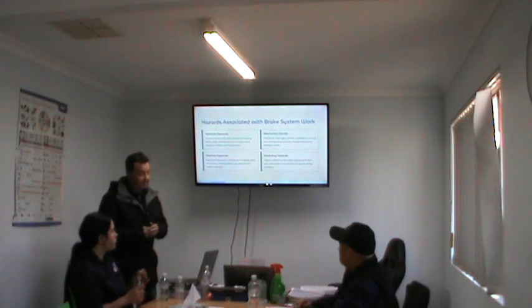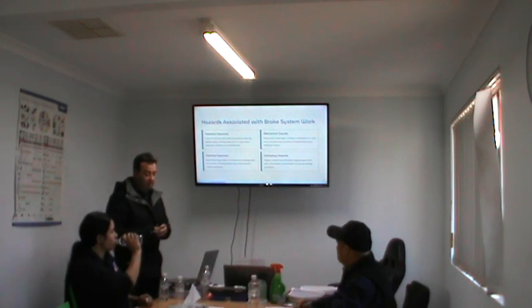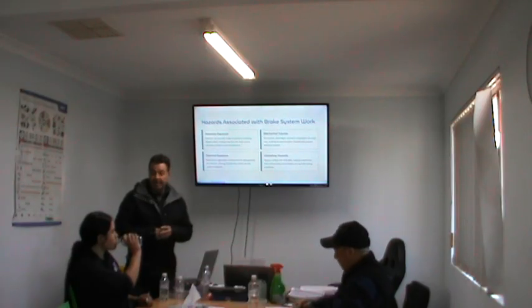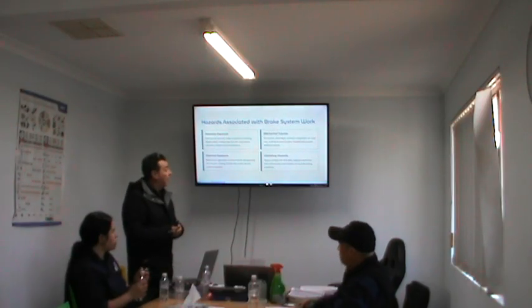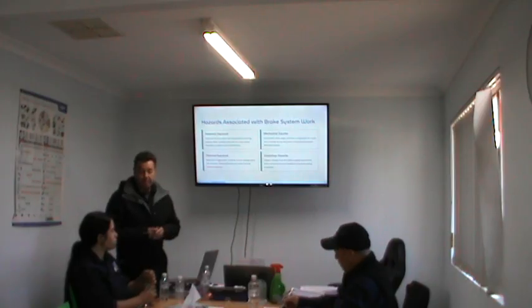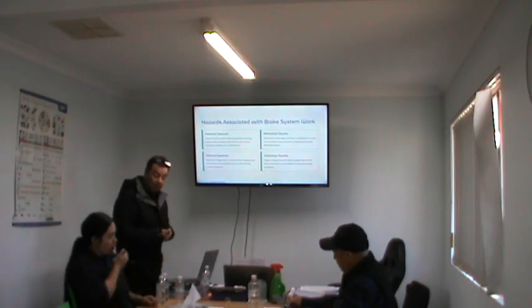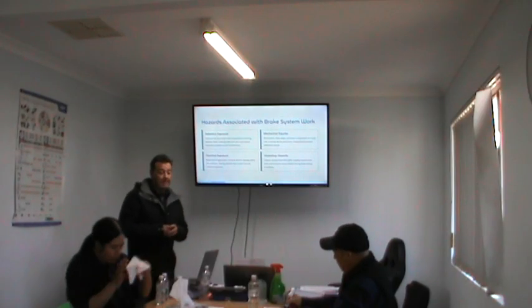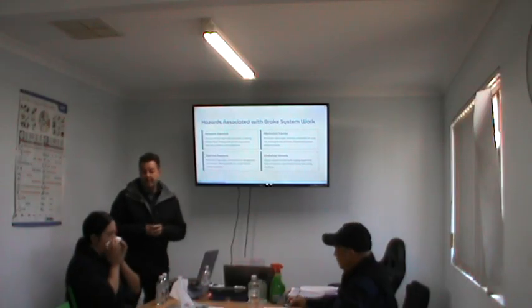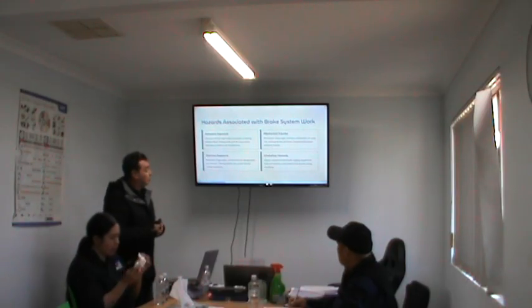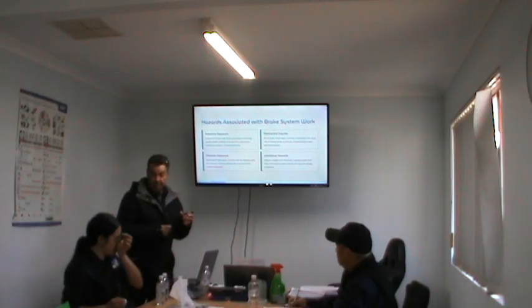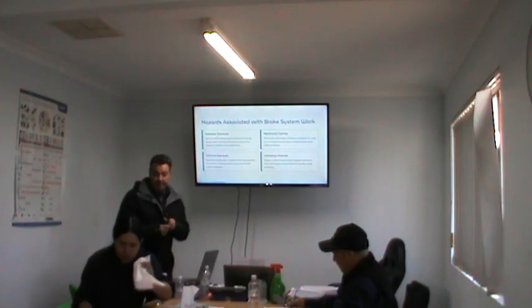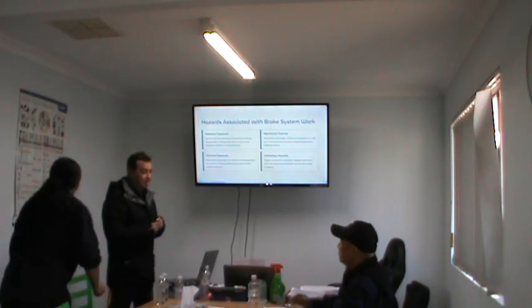Strains from having to lift heavy items. So we've got to make sure we're using proper manual handling techniques. Power tools, if we're using electrical power tools for anything, make sure that they're tagged and dated, and make sure that you do your own visual inspection on the cords. Just because it has a date tag and it's in date doesn't mean it's got no issue.